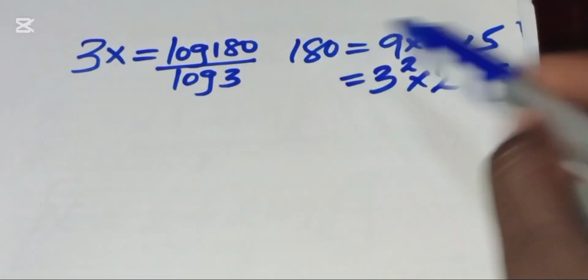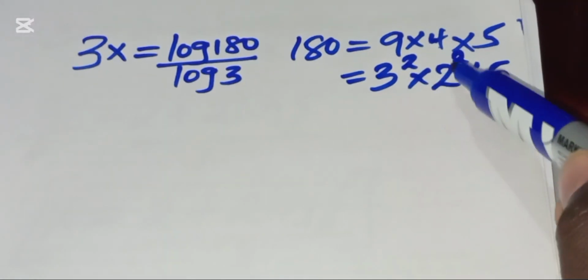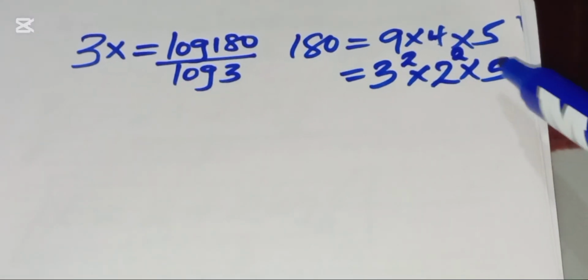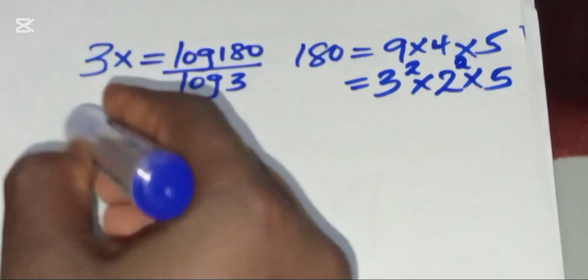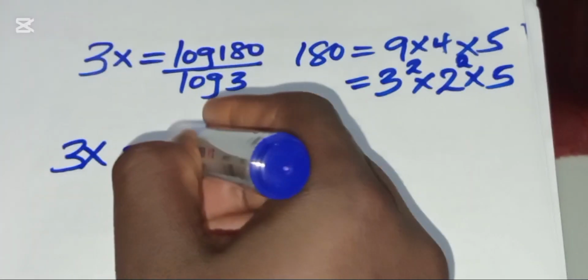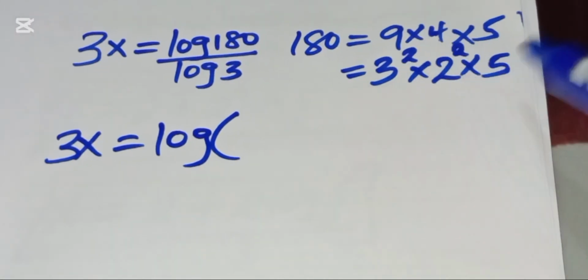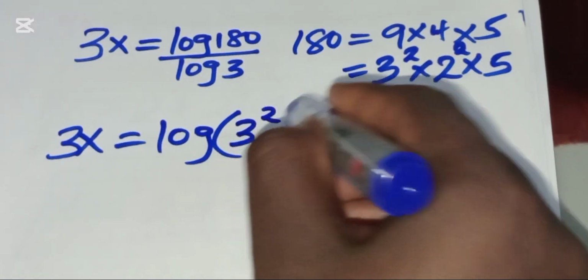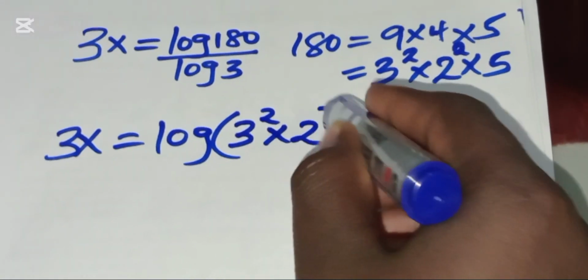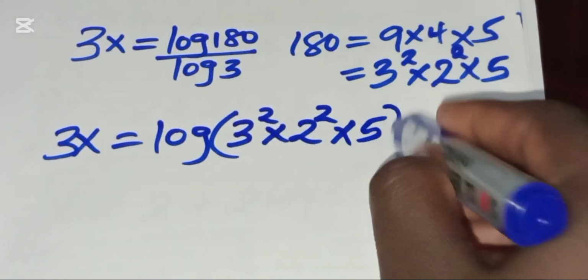So that means that 180 is the same thing as 3 squared times 2 squared times 5. Let's substitute this. We'll have 3x equal to log of 3 squared times 2 squared times 5, divided by log 3.